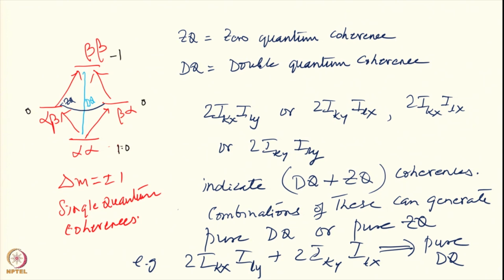You will generate pure double quantum or zero quantum, or mixtures of them; in general these are called multiple quantum coherences. You can also have triple quantum coherences, but these are not directly observable.